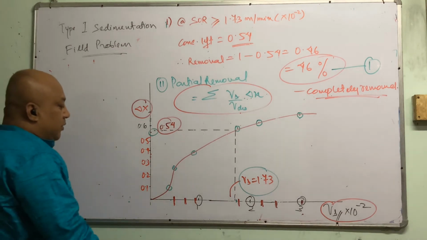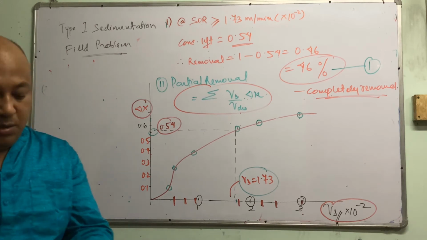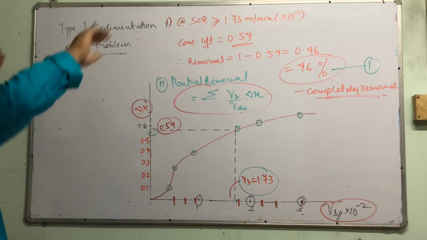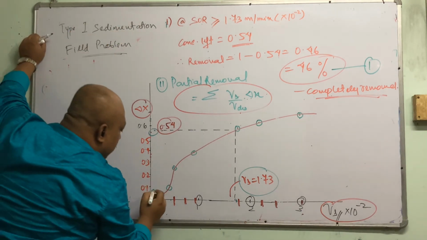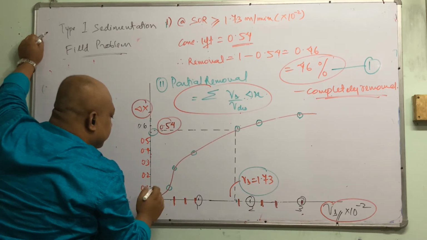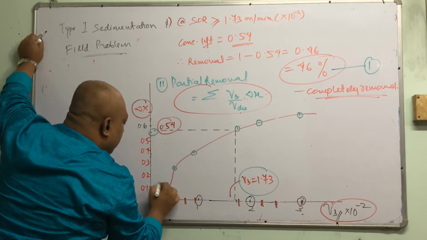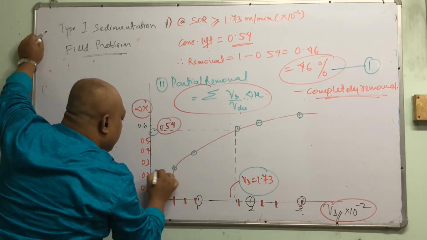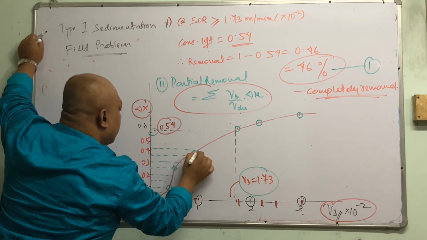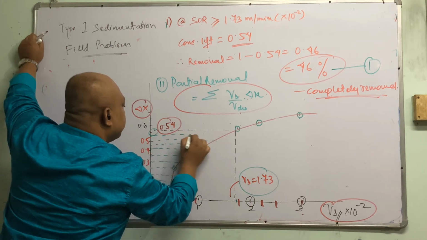Now what we will do is break this graph into small pieces. You can take del X as per your wish. I'm just dividing into equal intervals to make things easy.